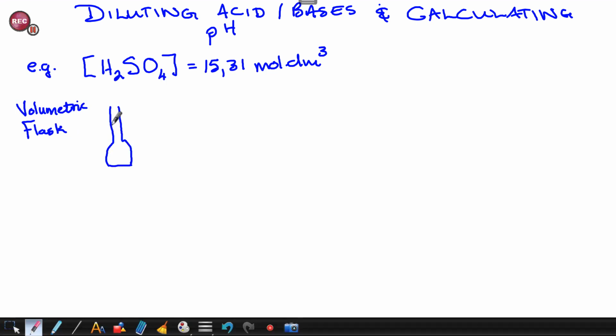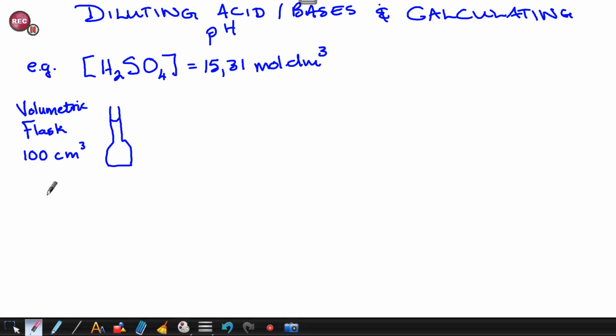And the volumetric flask has a little engravement on the neck of it that tells you if the solution is up to that level, it is 100 milliliters, which is the same as 100 cubic centimeters. We've got the concentration of the acid in here. Do we have the number of moles in here? No, we didn't calculate it.